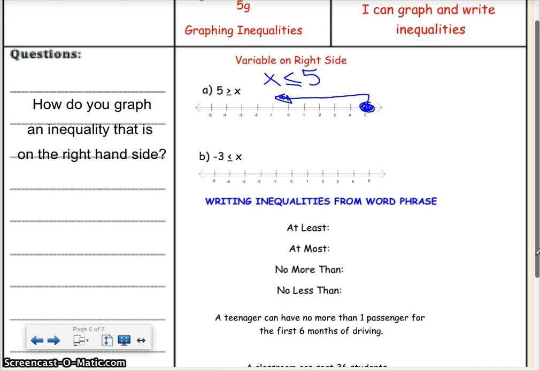So if -3 is smaller than x, x is bigger. So x is greater than or equal to -3. So I make a circle at -3, I color it in, and I'm actually bigger. So just be careful about that when the variable's on the right-hand side.